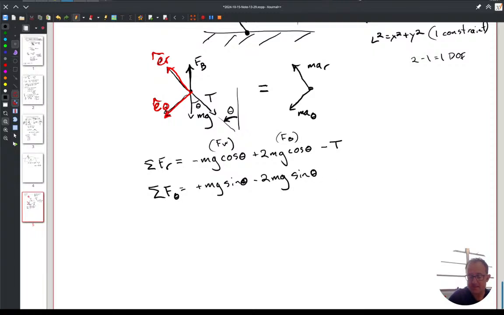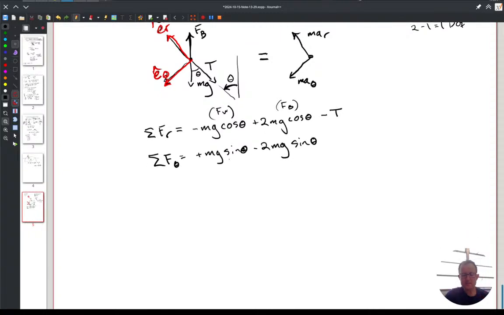And then tension does not act along that direction. So since I have that mg and a 2 mg, they all kind of add up into one. And I'll just put this as m a_r that way and m a_theta that way.